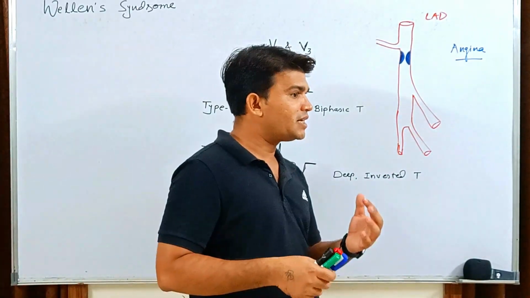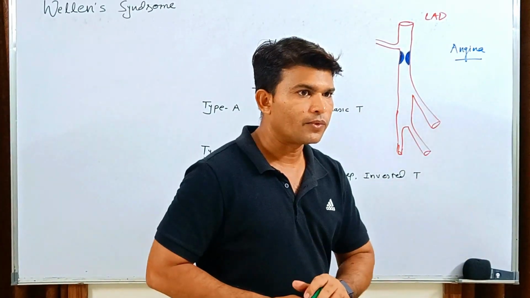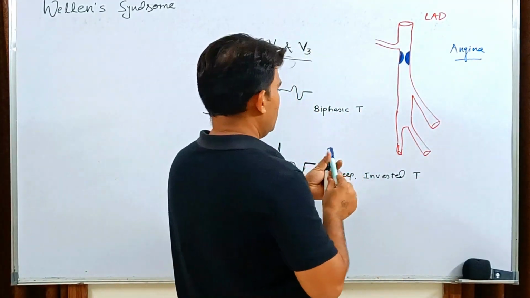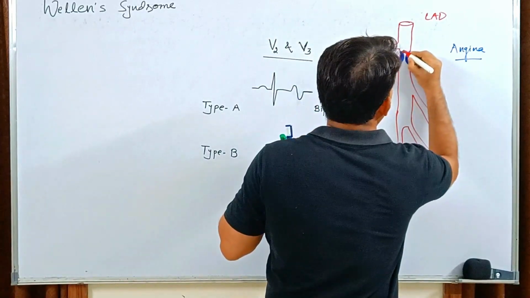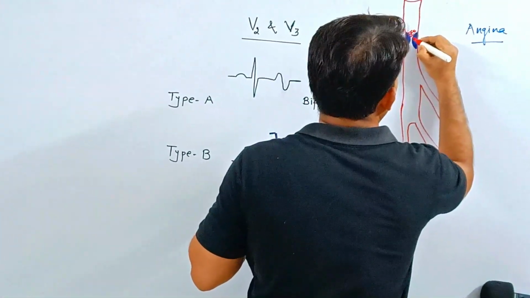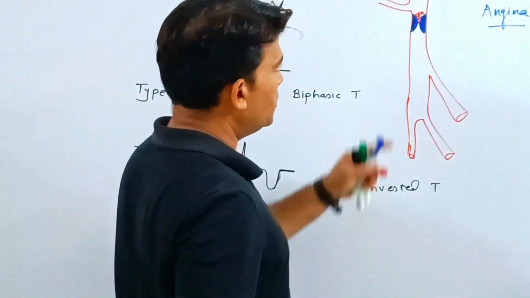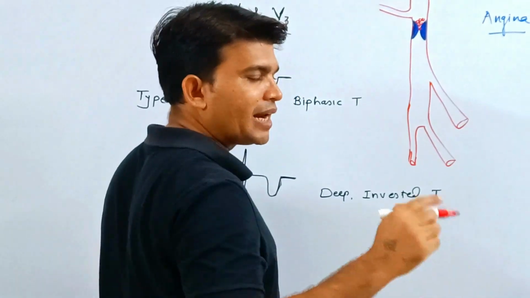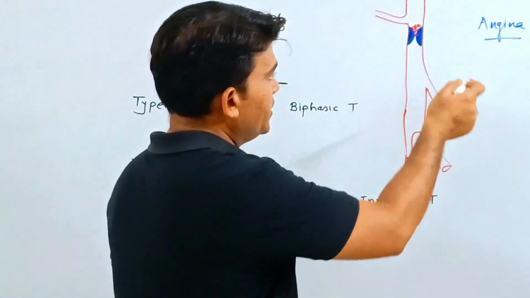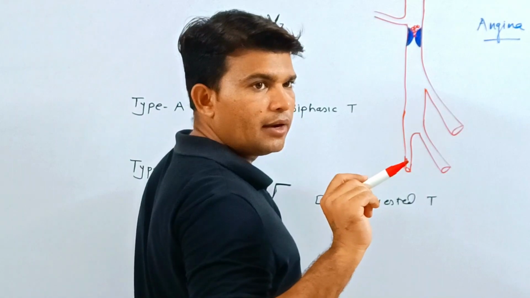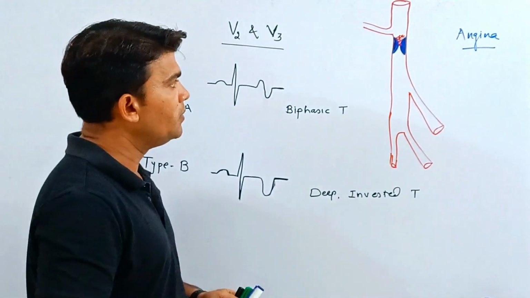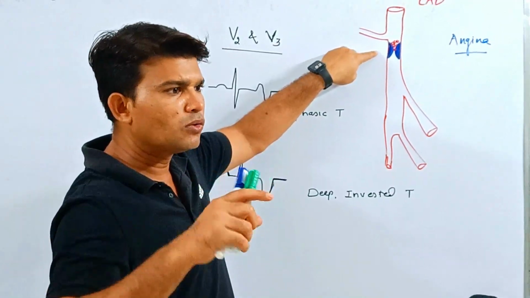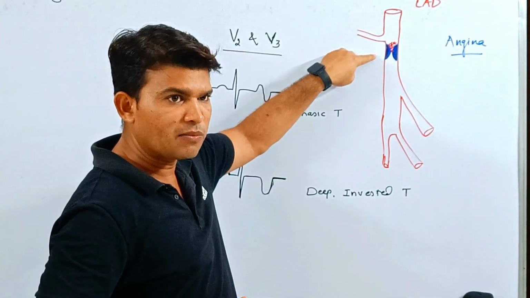Or if the patient has taken pre-hospital aspirin, there is a chance. Suppose a platelet plug was there and now the LAD is completely occluded, the patient will develop the classical signs of anterior MI, and ideally the ST segment will start to elevate, so a slight elevation in the ST segment.